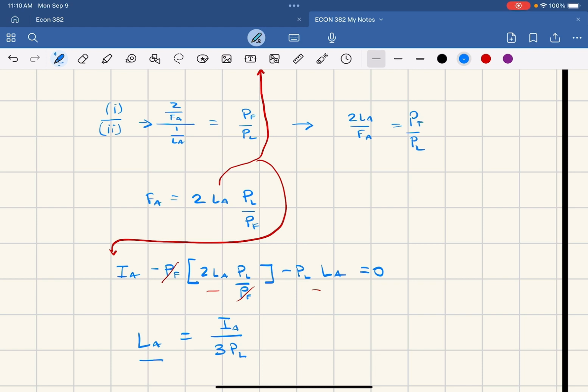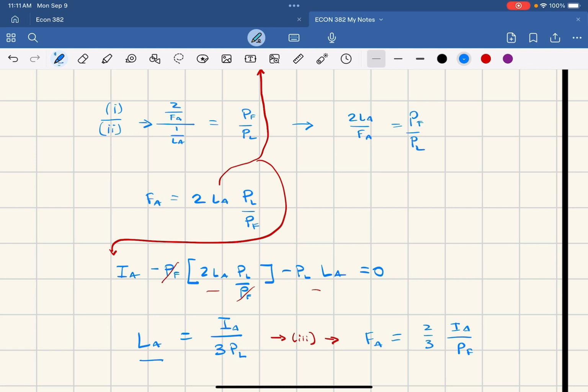All right, so now we've solved for the optimal amount of leaves that Adam consumes as a function of income and price. So if we put this into the third first order condition, this will then allow us to solve for a function for FA, or the figs that Adam consumes, as a function of income and prices, which is equal to 2/3 income divided by the price of figs.